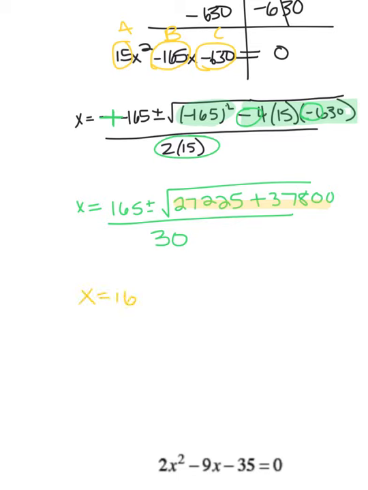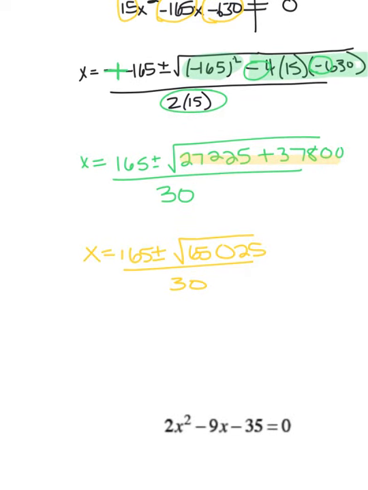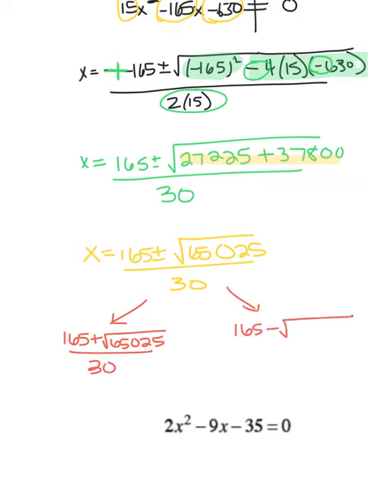X equals 165 plus or minus the square root of 65,025 all over 30. And then this is where we can break it apart and get two separate answers. Once where we do the 165 plus the square root, then divide by 30. And once where we use 165 minus the square root, and then divide by 30.